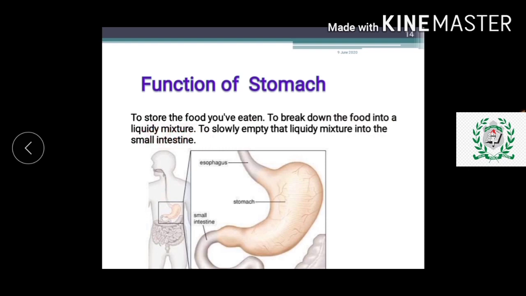The next one is to slowly empty the liquidy mixture into the small intestine. Once the fine particles have been broken down, they are sent through the pipe to the small intestine. Now let us learn the function of liver.